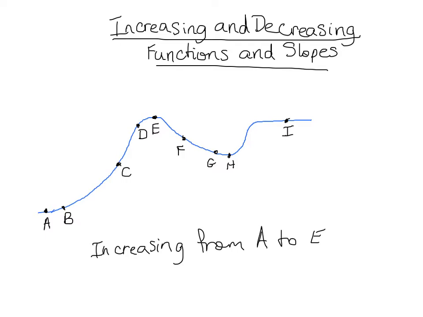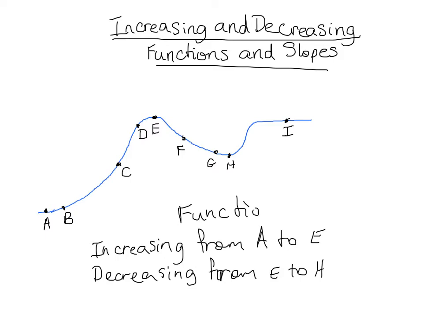Our decreasing function is from E to H. And again, that's if you're being asked about what's happening to the function, not what's happening to the slope. On the other hand, let's see what happens if you're being asked whether or not the slope is increasing or decreasing.